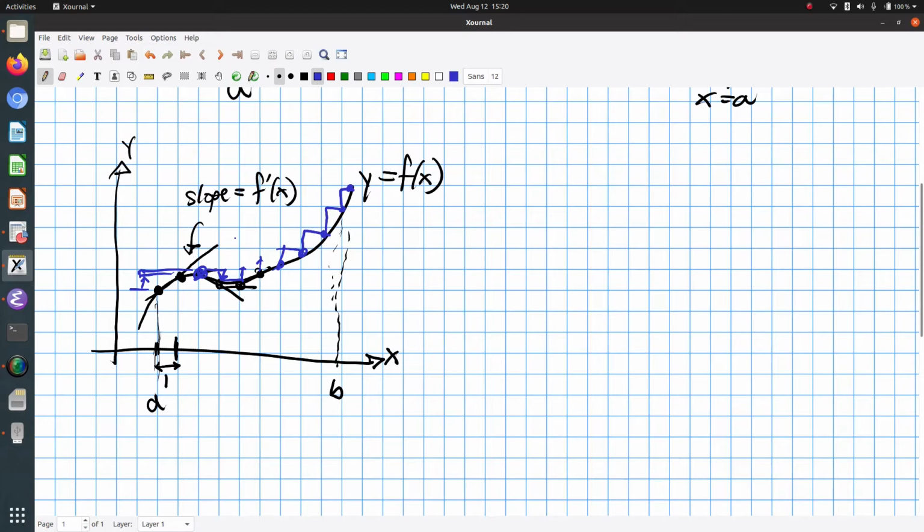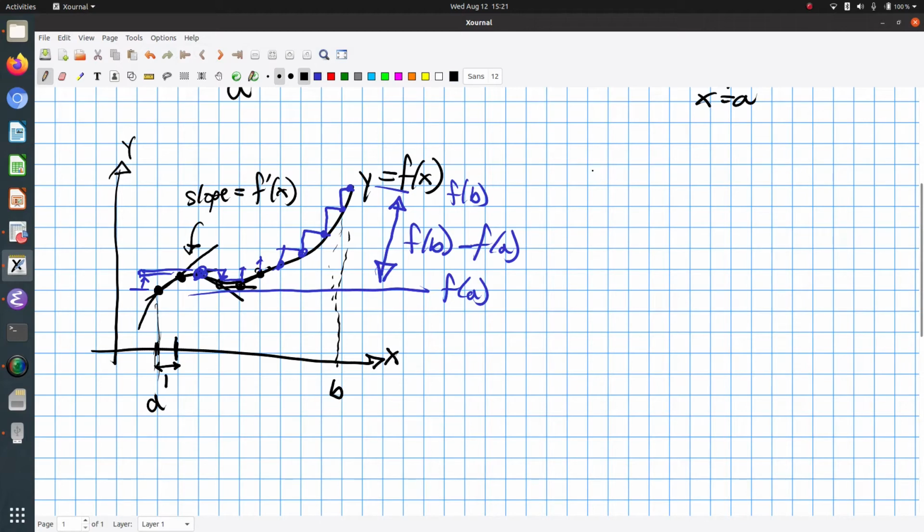So really what I'm doing here is I'm imagining taking little steps, and as I add up all those little steps, I'll get back to my starting point here. So it'll tell me how far I've traveled in total to get from here to here. This is f of a, and this is f of b. So this distance here is f of b minus f of a.